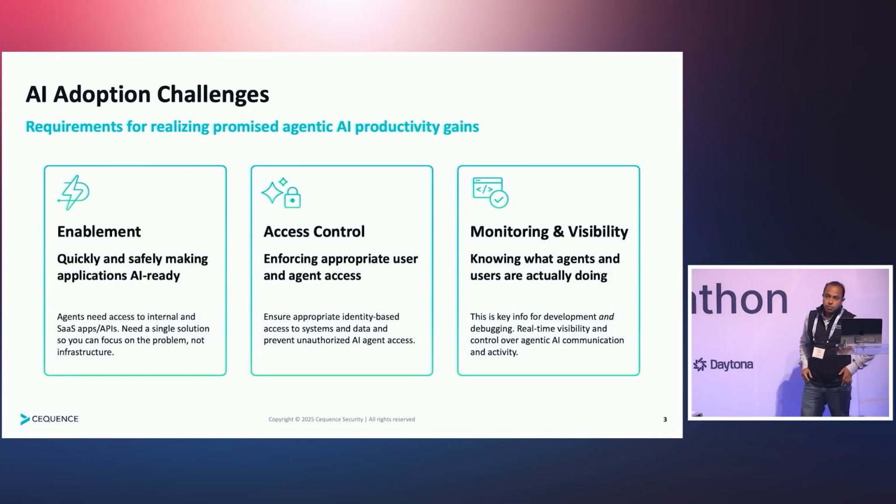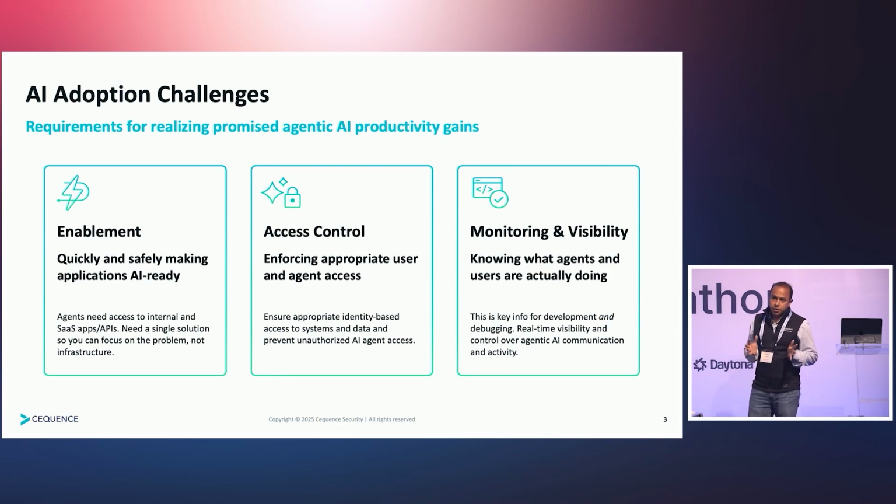When you're enabling this for the enterprise, you run through various challenges. To enable my data for my agent, where do I get the MCP server from? There are thousands of MCP servers available, but they're mostly for public use. I don't know if I can even trust them because they are not official MCP servers.